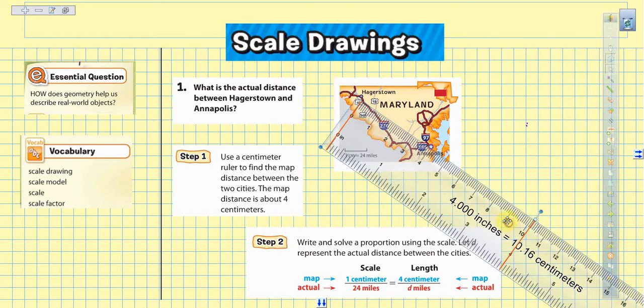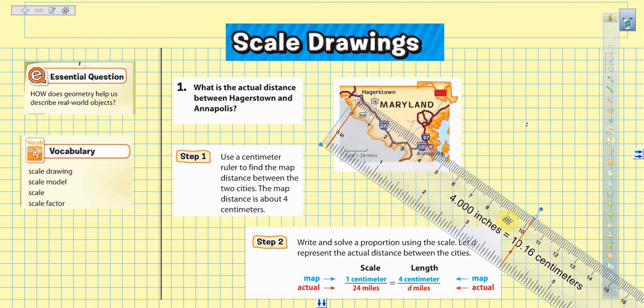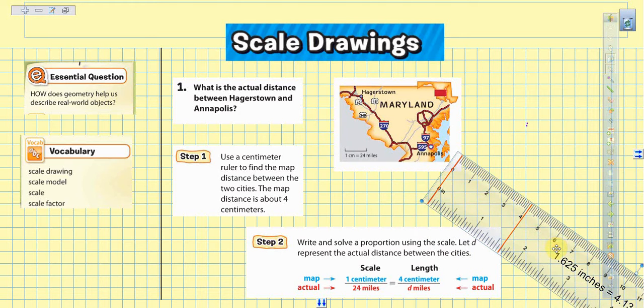centimeters we have here. So it looks to me like we have 4. Okay, I'll move this to 4. There, it's close to 4. So we have 4 centimeters here. Okay, it is not 4 centimeters from Hagerstown to Annapolis.